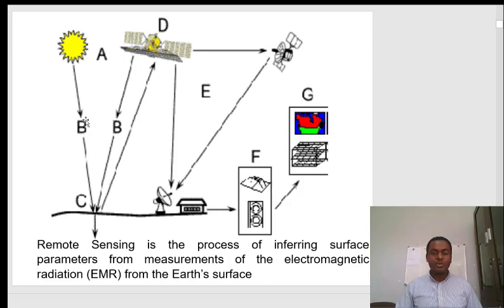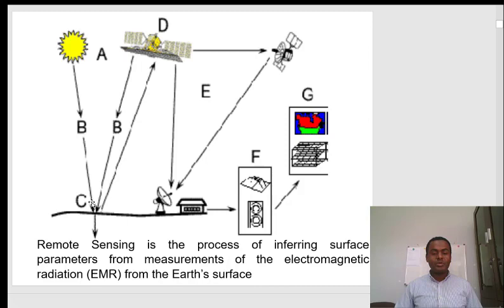Some of the energy will be absorbed, scattered, and transmitted through the atmosphere. The transmitted energy will reach the surface of the Earth and interact with Earth's objects.